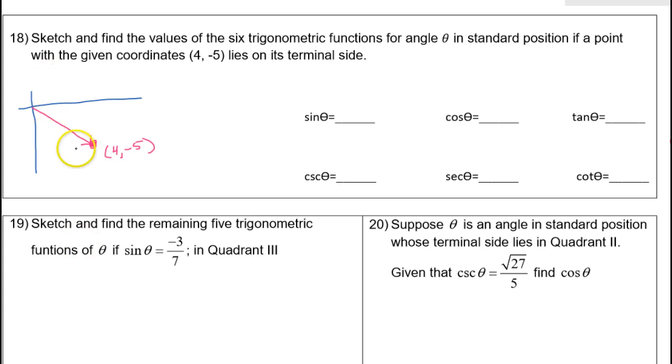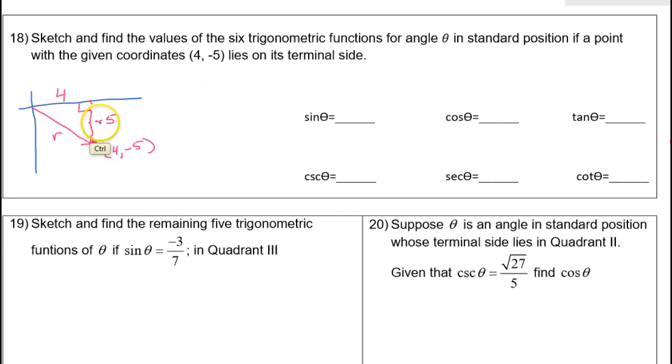So if this is the terminal side of an angle that's passing through the point 4 comma negative 5, you can see that we could make a right triangle out of this. The x-coordinate would be the length of this side of the triangle, and the y-coordinate would represent the vertical side of the triangle. So we would have to find the radius by using the Pythagorean theorem.